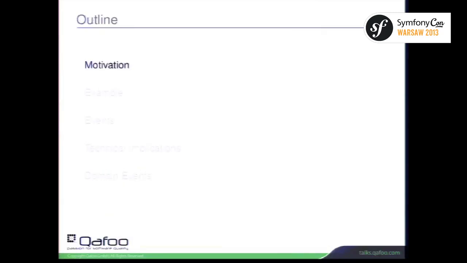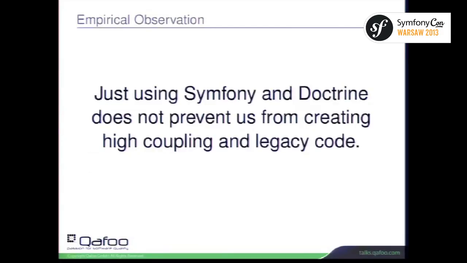So what will this talk be about? We'll start with a little bit of motivation, what actually brings me to making this kind of presentation. From my own observation, doing it wrong myself, and also in the last year seeing how customers implement Symfony applications, Symfony and Doctrine themselves, being quite good libraries, do not prevent us from creating code that has very high coupling and then turns into legacy code quite quickly.